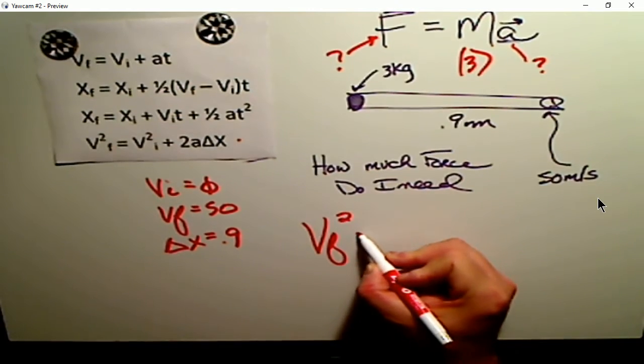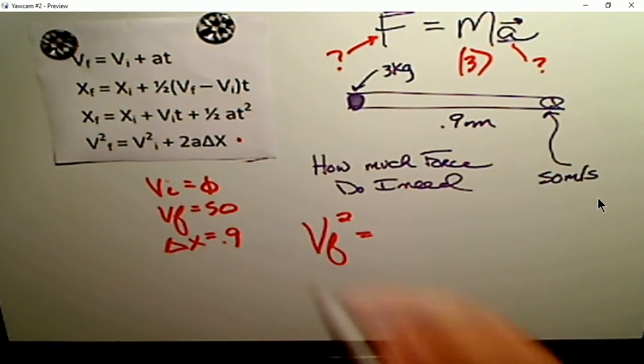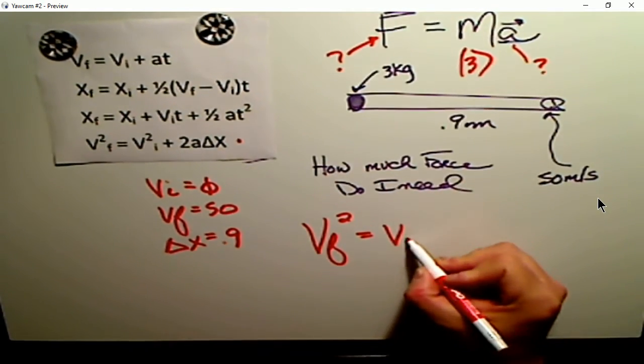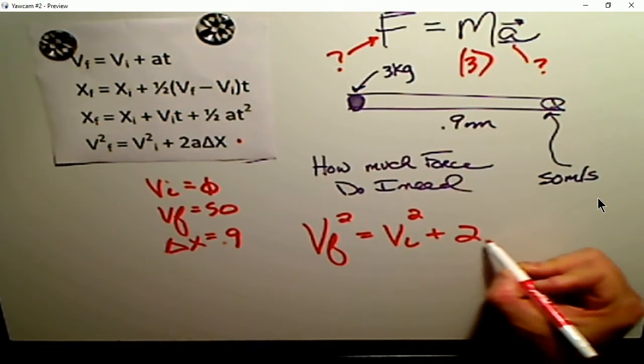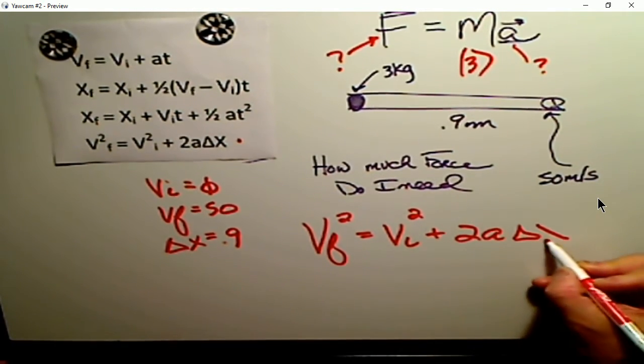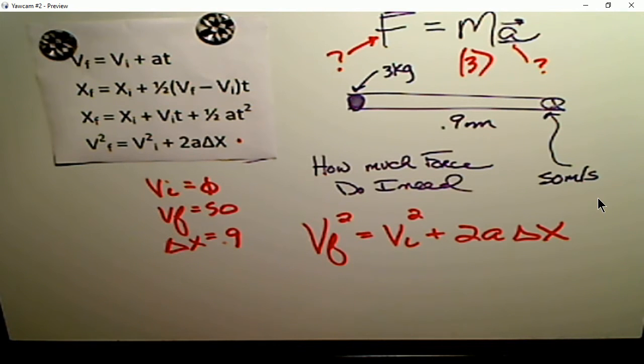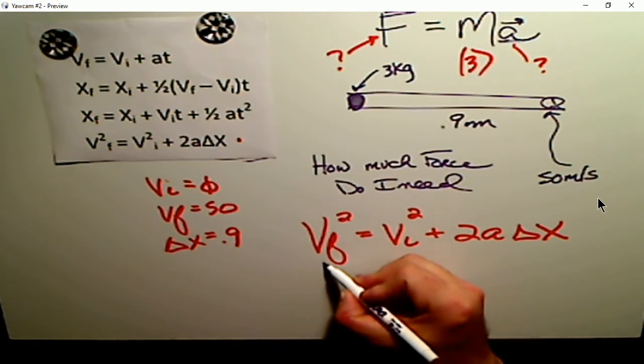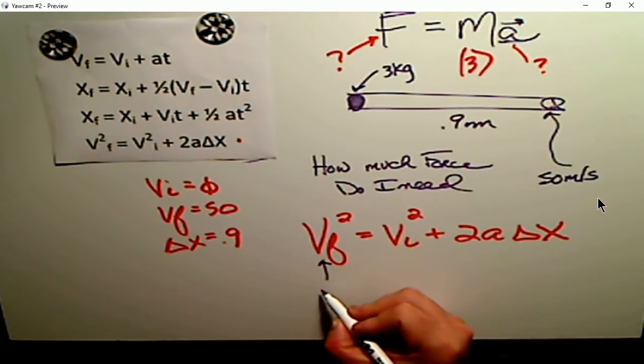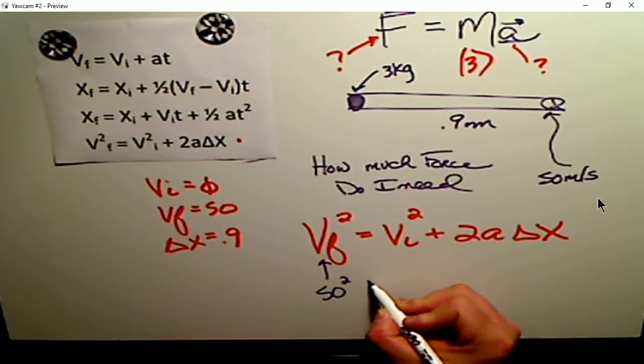In this one particularly, this last one here, I can use this because I know the velocity final is 50, so we'll do 50 squared.